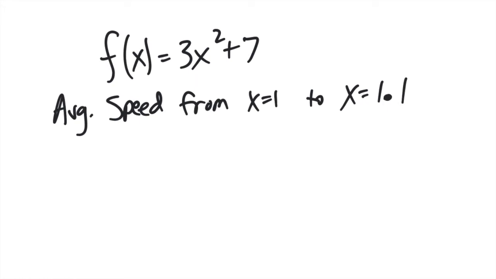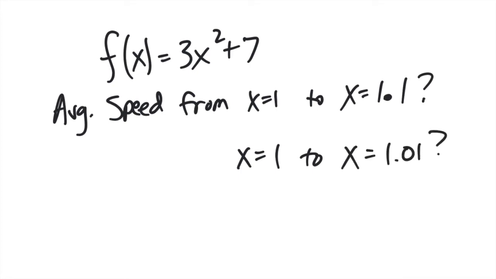Once you've done that, which you should be able to calculate, could we also find the average speed from x equals 1 to x equals 1.01, or from x equals 1 to x equals 1.0001? Do you see what's happening here?